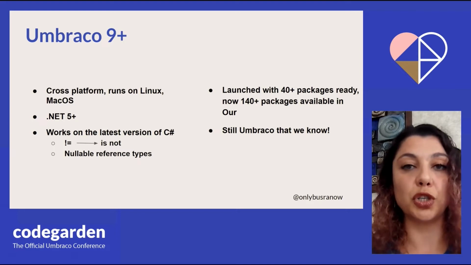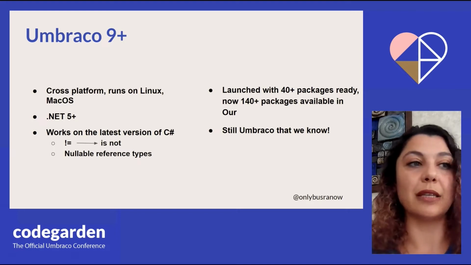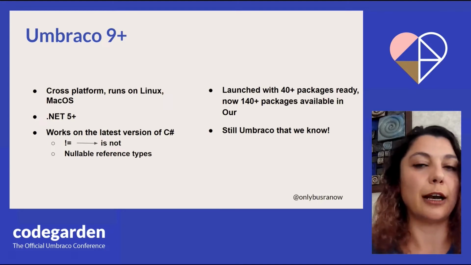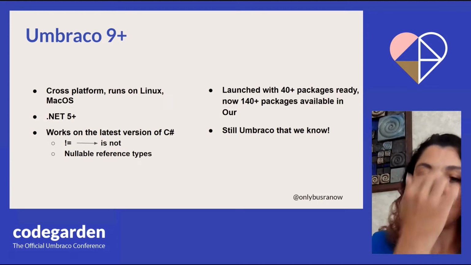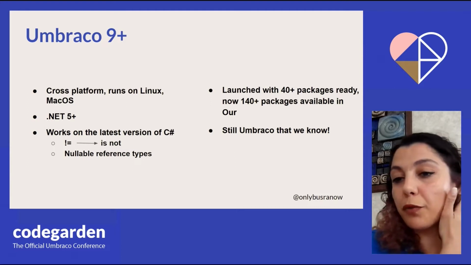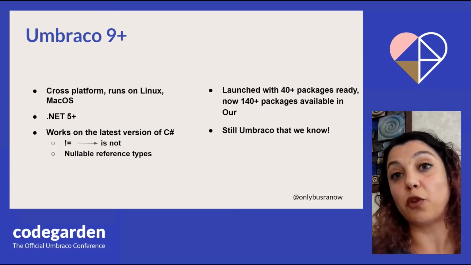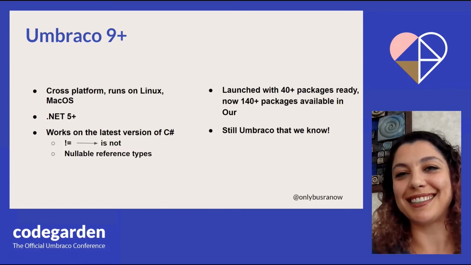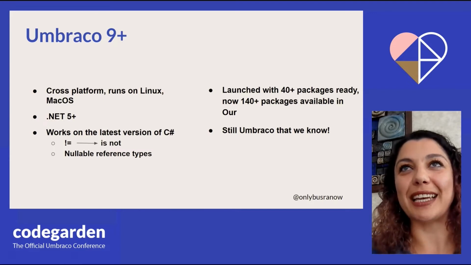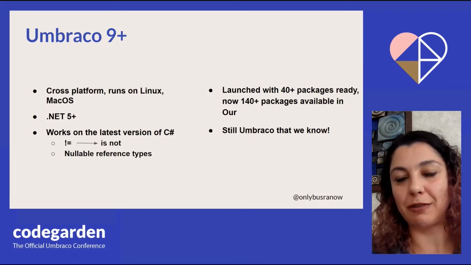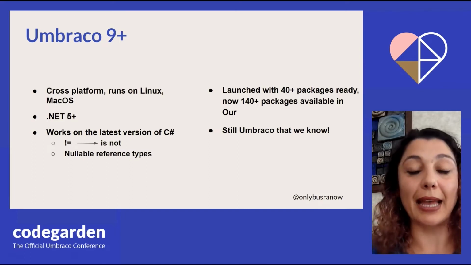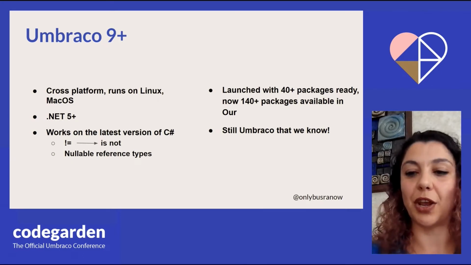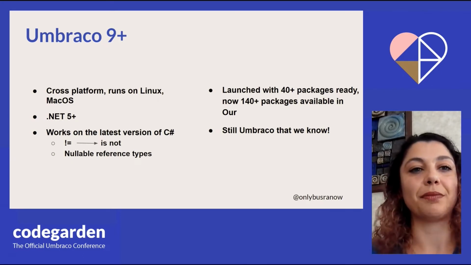I encourage you to rewatch What's Next in C# from Matt Sturgeon. It was an amazing talk. I watched online. Umbraco 9 launched with more than 40 packages ready, and today, I counted manually, there are more than 140 packages available on our. But it's still the Umbraco that we know and love.